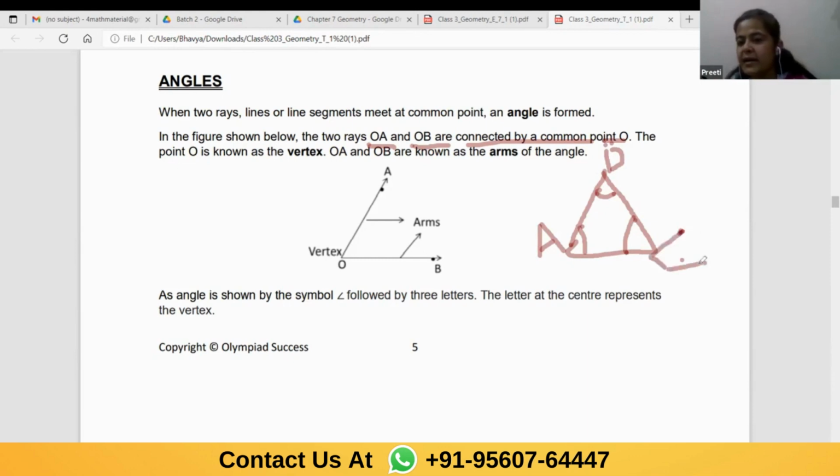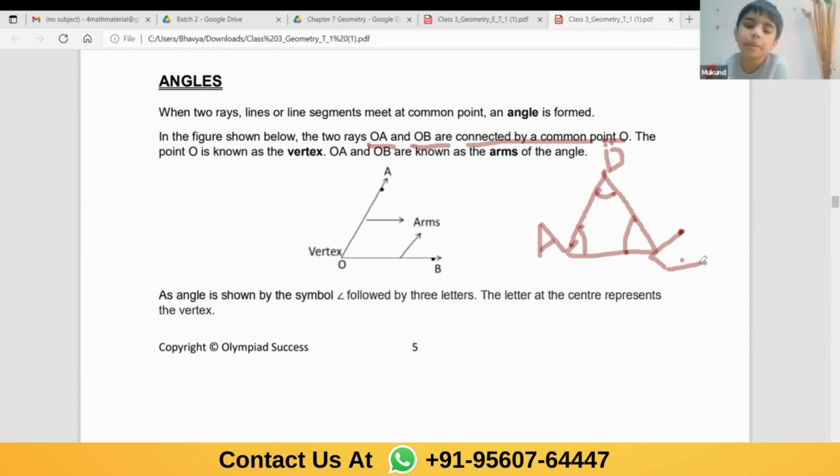And another angle is CAB or BAC, where A comes in the center. There are 3 angles: ABC, BAC, ACB.